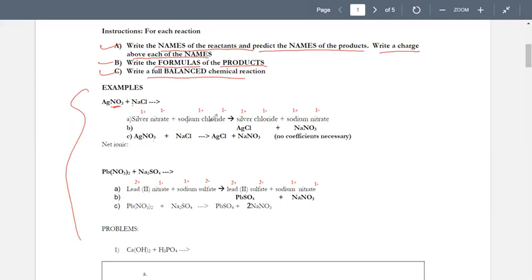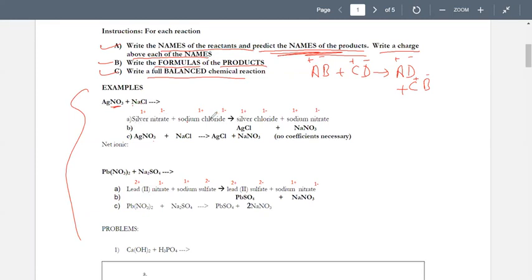And now you are going to predict the names of the products. How do you predict the name? As we said, AB plus CD gives positive, negative, positive, negative: AD plus CB. They just switch the partner.